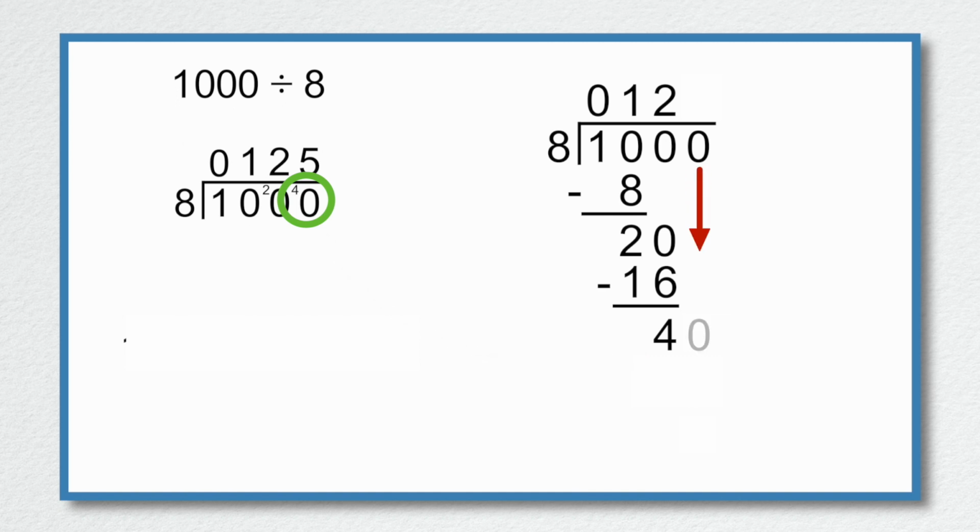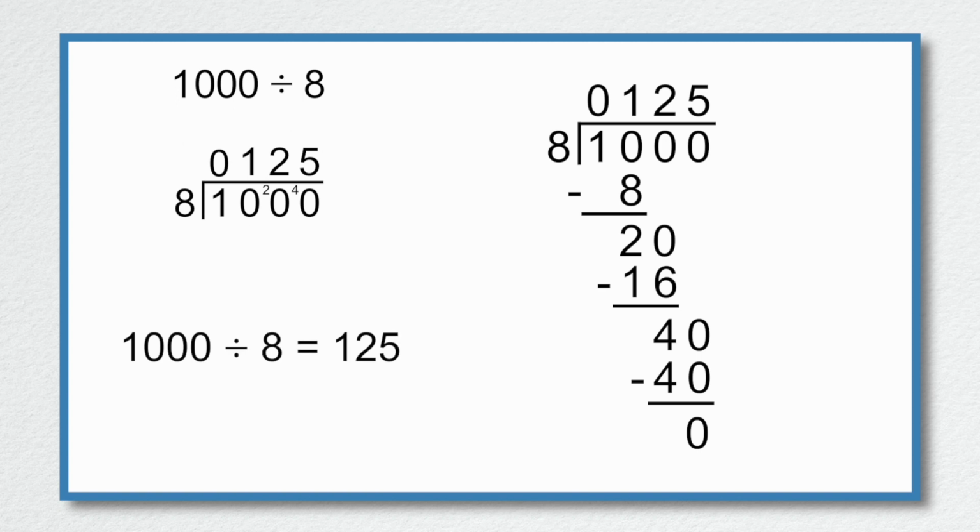We now bring the 0 down, and we do 40 divided by 8, which we know is equal to 5. 5 8s are 40. And if we subtract that 40 away from 40, we get nothing left over. So what's happening is that we're producing the same remainders and the same calculations, but it's laid out more clearly. It's not all bunched up as we've got in the short division answer.